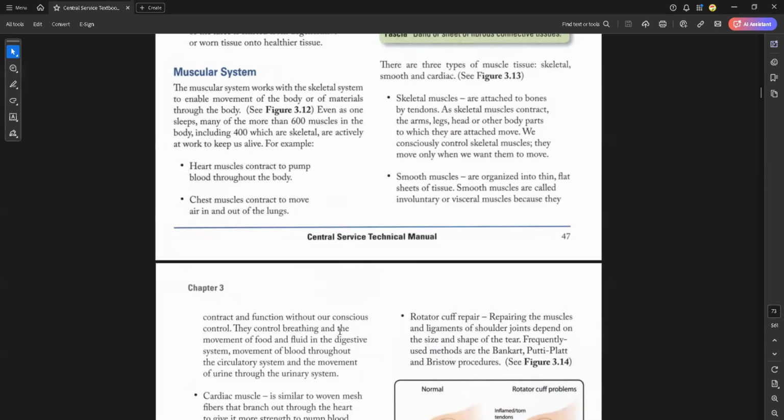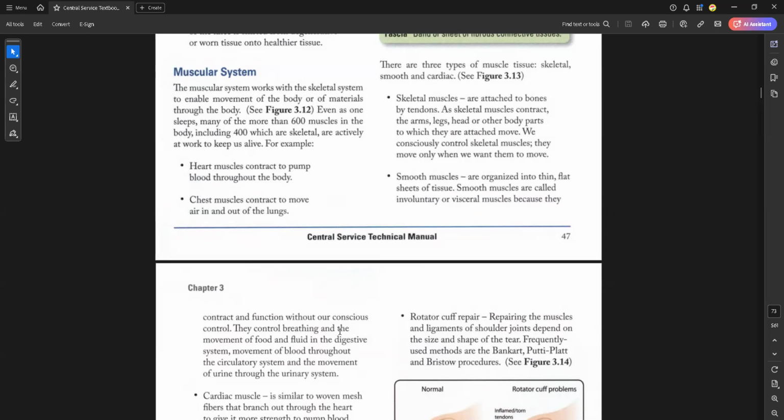They are organized into thin, flat sheets of tissues. Smooth muscles are called involuntary or visceral muscles because they contract and function without our conscious control. And I like this one very much because you don't have to instruct them. With the skeletal muscle, you will command them, I want to walk, and you walk.